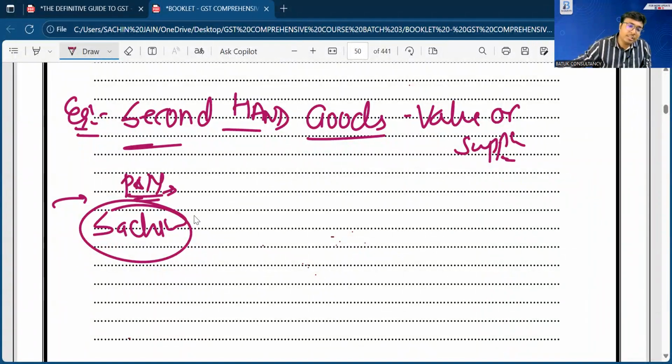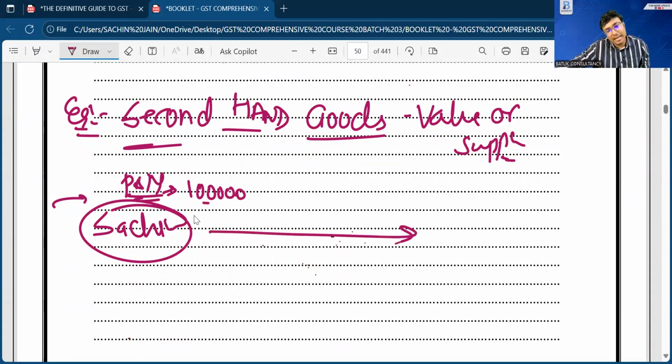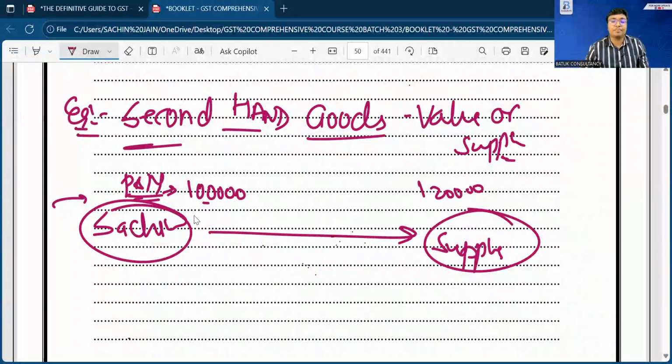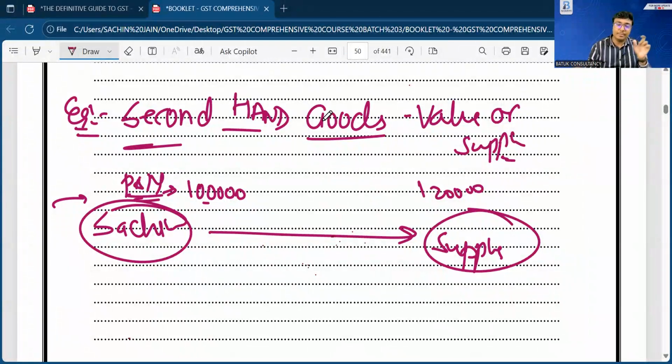I have bought this plant and machinery for 1 lakh rupees, and I am supplying the same in the domestic market for 1,20,000 rupees. My question is, on which value will GST be applicable?